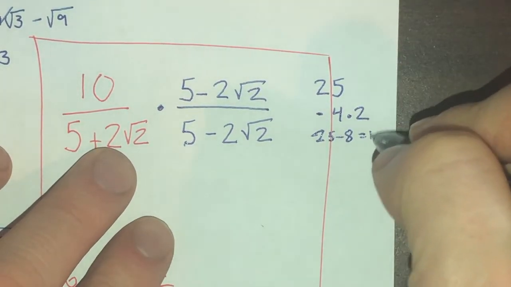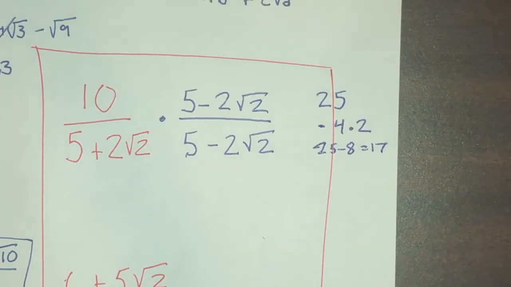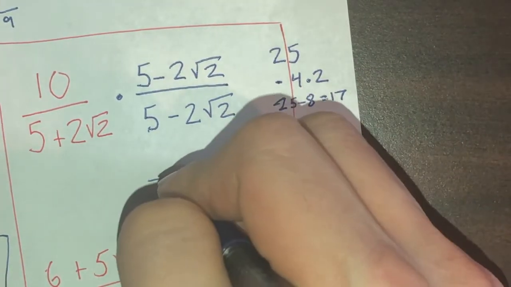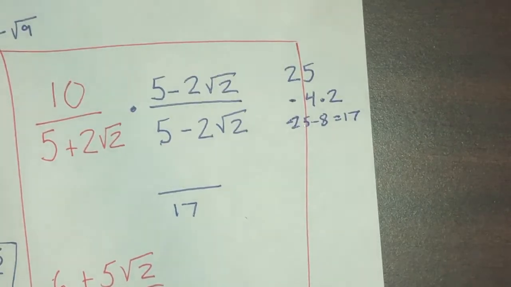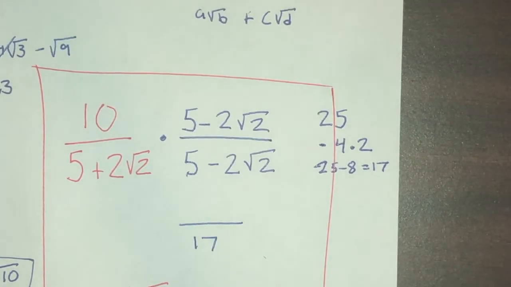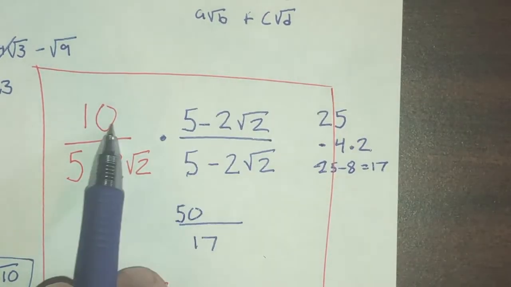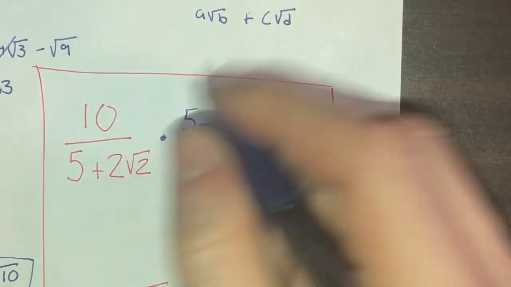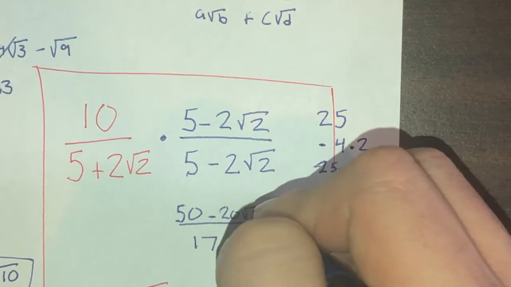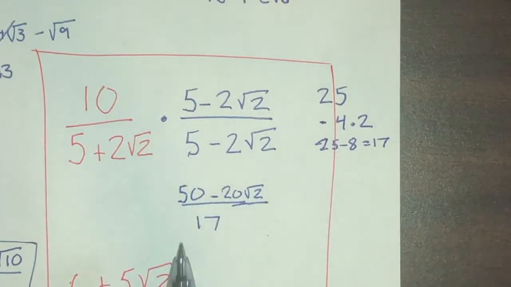That would be 17. Okay? So my final denominator, 17. Now up top, distribute 10 and 5. That's 50 minus 20 root 2. Okay. So let's see. 50, can I simplify it?